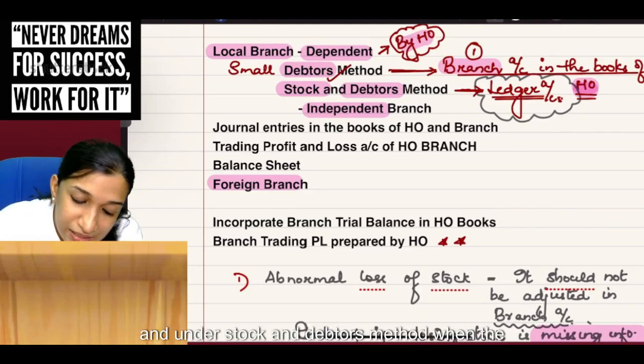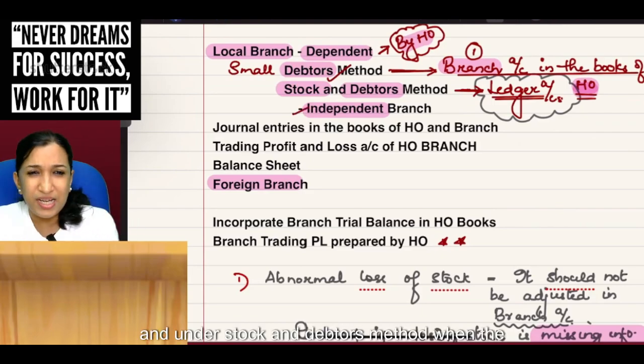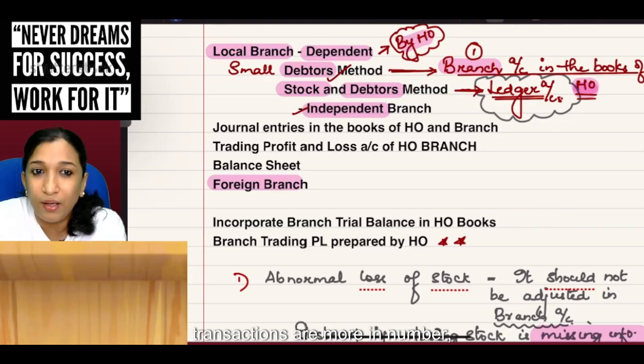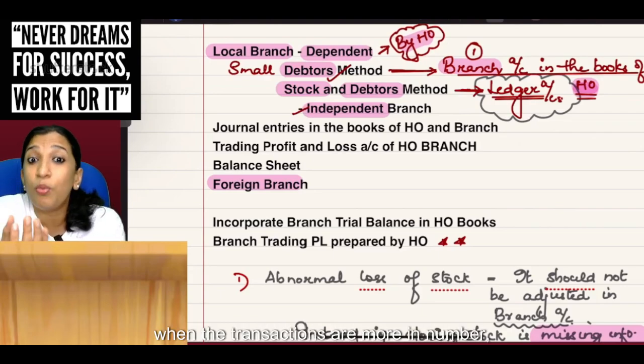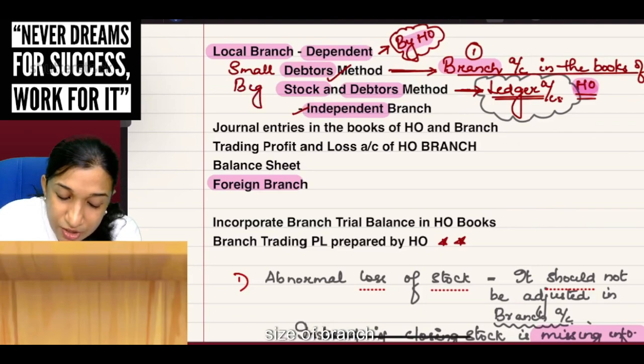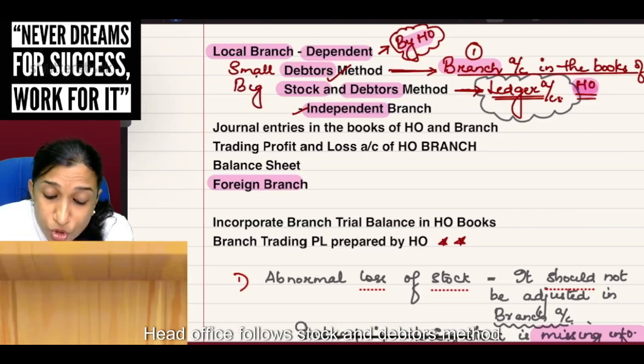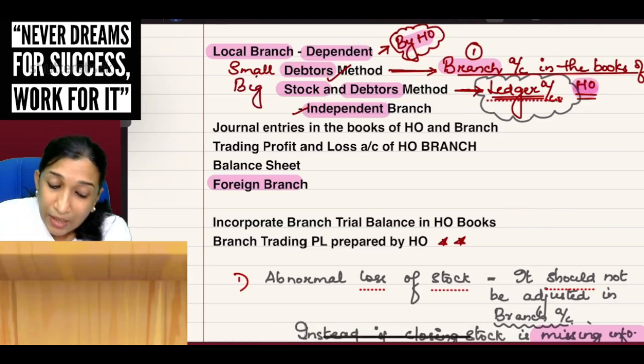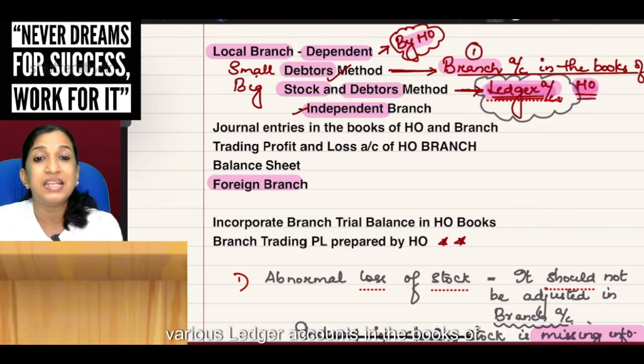Under the stock and debtors method, when the transactions are more in number, that is, a bigger size of branch, head office follows the stock and debtors method and opens various ledger accounts in the books of head office.